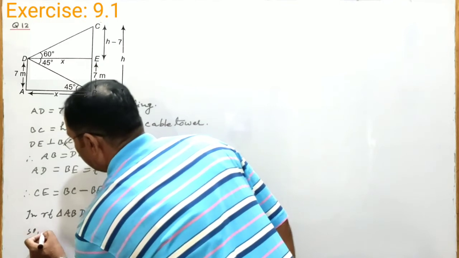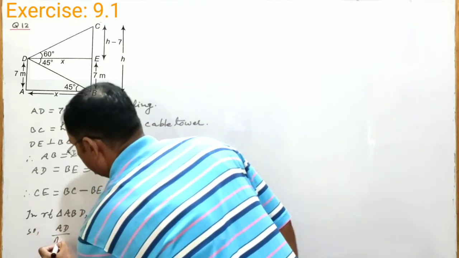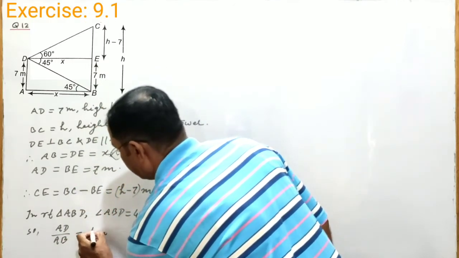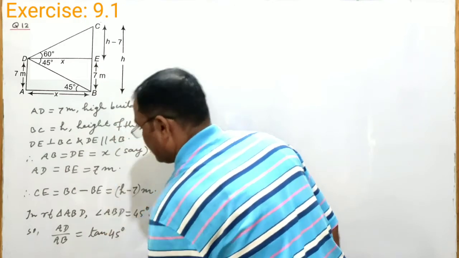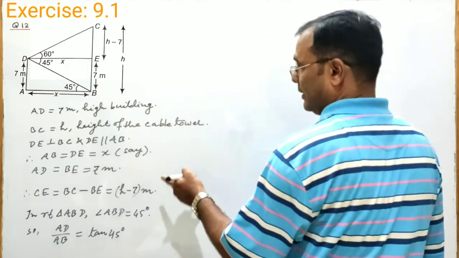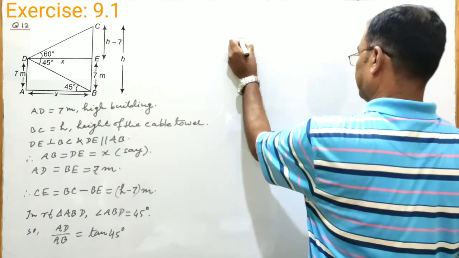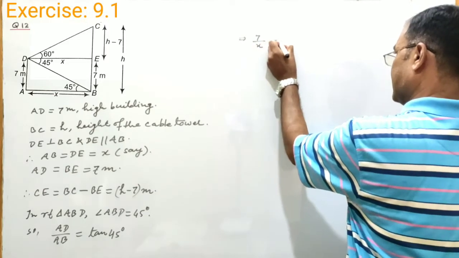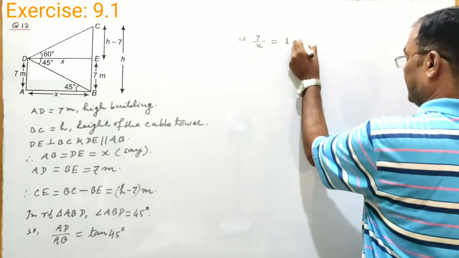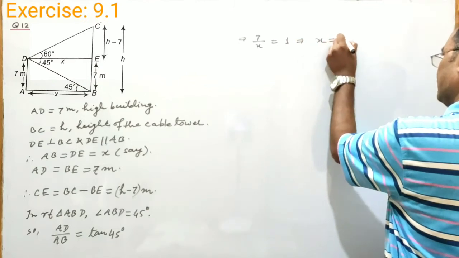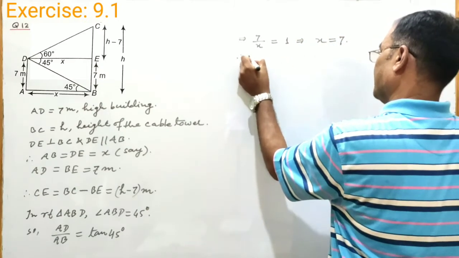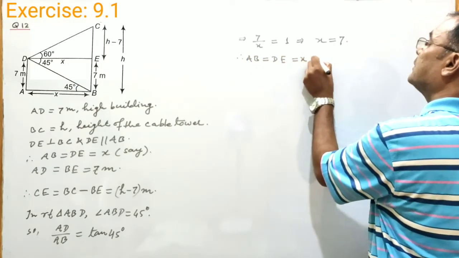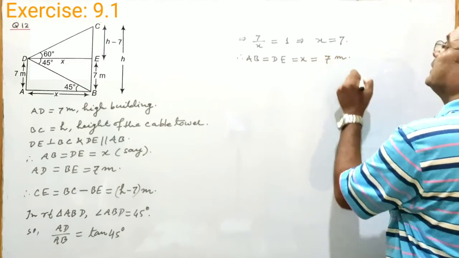So we can write AD by AB equal to tan 45 degrees. AD is 7 meter, so 7 by AB, we have taken x, equal to tan 45 degree, value 1, so x equal to 7 meter. So therefore AB or DE is equal to x, which is 7 meter.